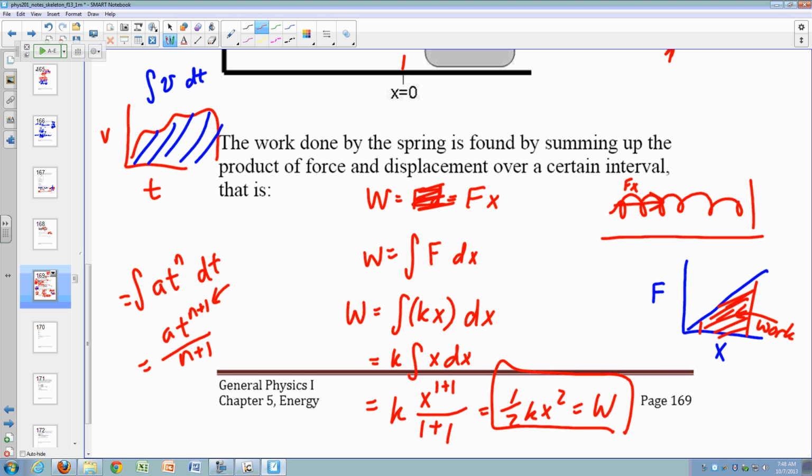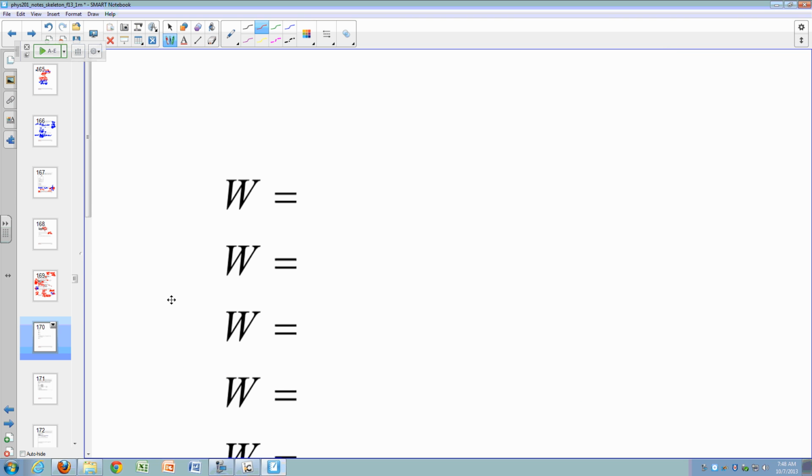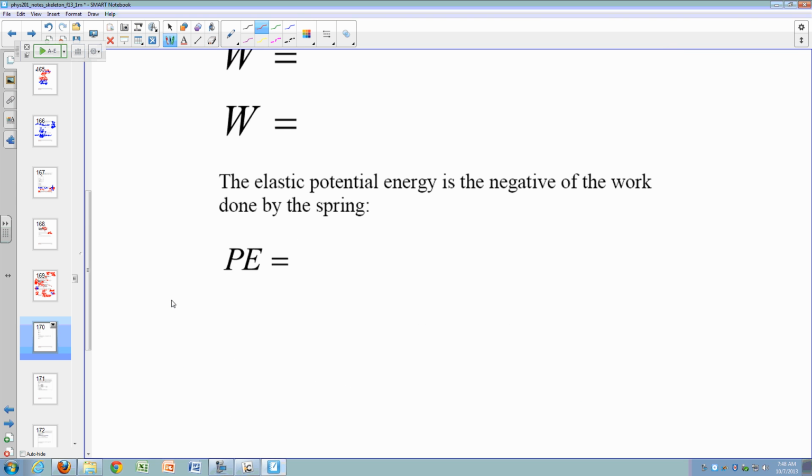All right, we'll work through some examples where this comes into play. I know this might be a little new to you. So our work is equal to 1/2 kx squared, and the elastic potential energy is equal to that.